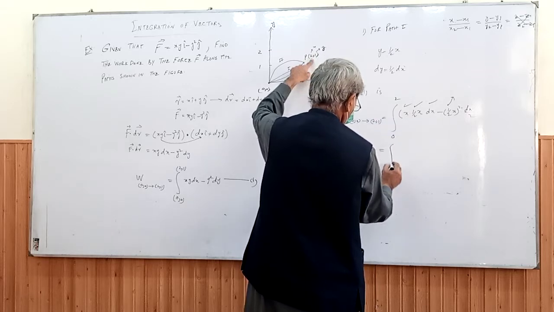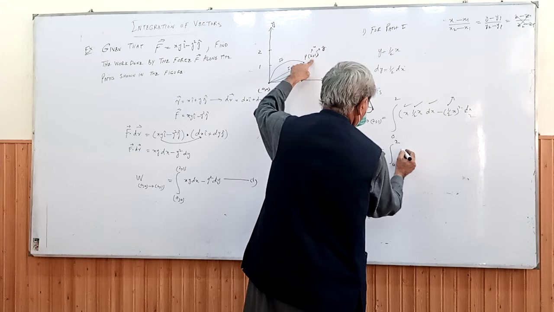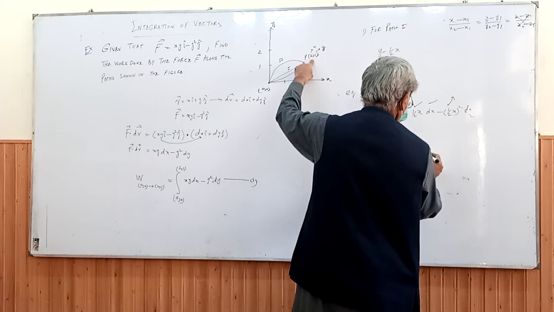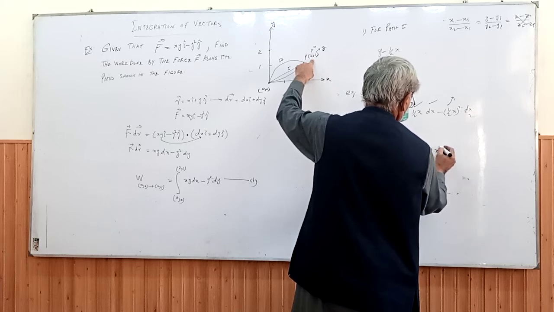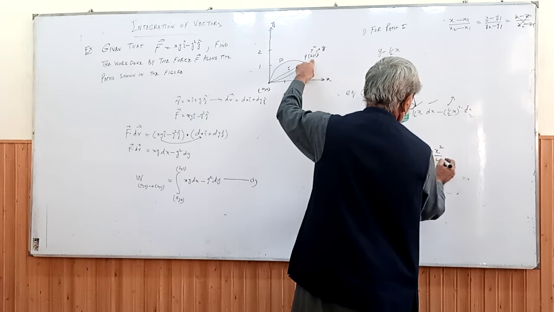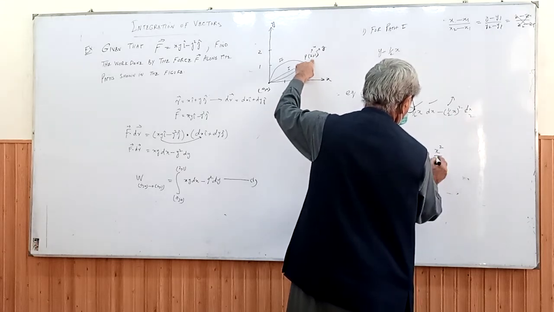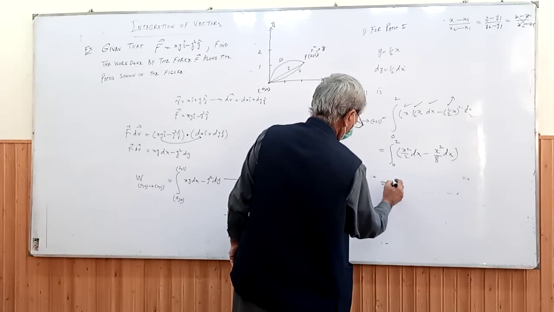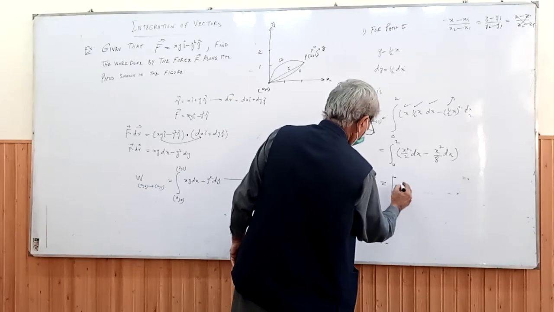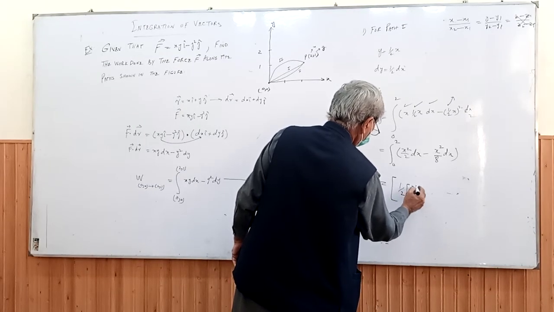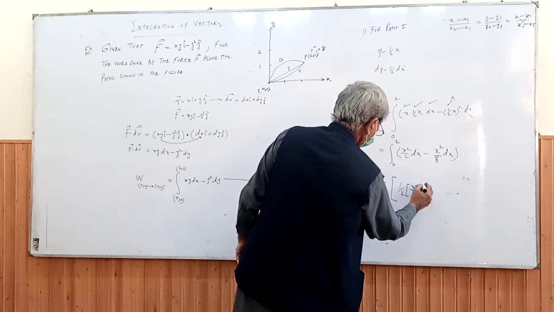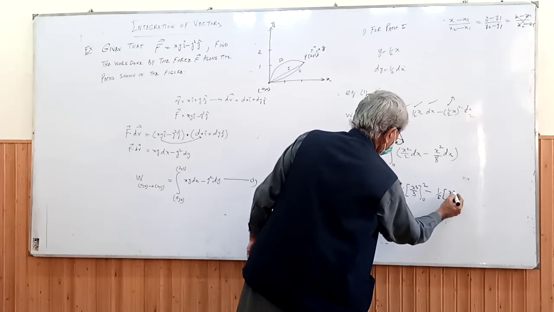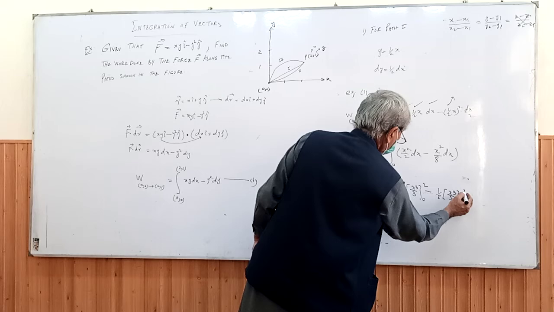And that is the integral from 0 to 2 of x square over 2 dx minus x square over 4, and this 2 being 8, dx, and you can now integrate it. It will be 1 over 2 x cube over 3 from 0 to 2 minus 1 over 8 x cube over 3 from 0 to 2.